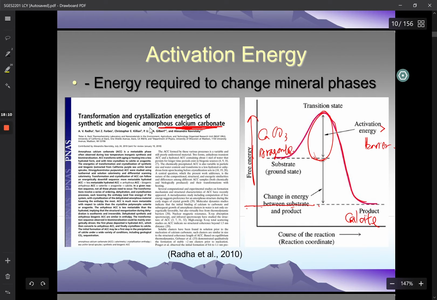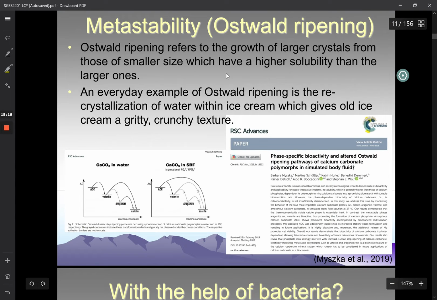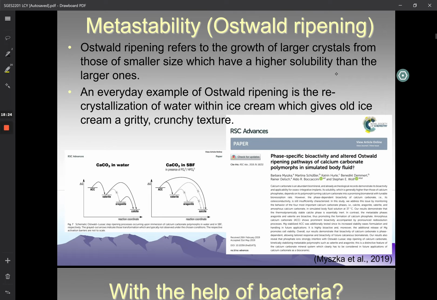Right, so as I said just now, ACC, amorphous calcium carbonate, is the least stable calcium carbonate phase compared to other polymorphs. Often you start with a nucleation of this ACC, which is very tiny in diameter, almost nanometer or sub-nanometer size.